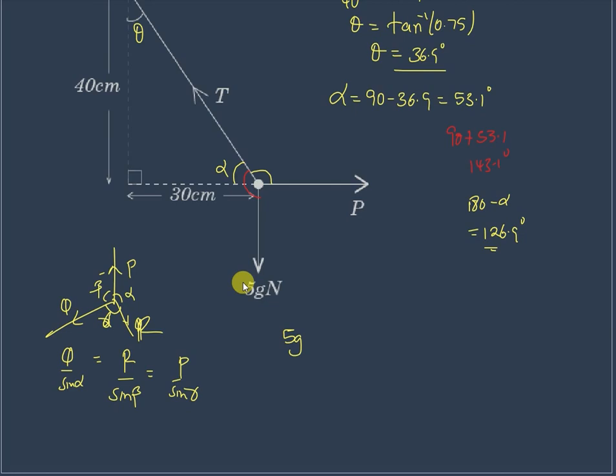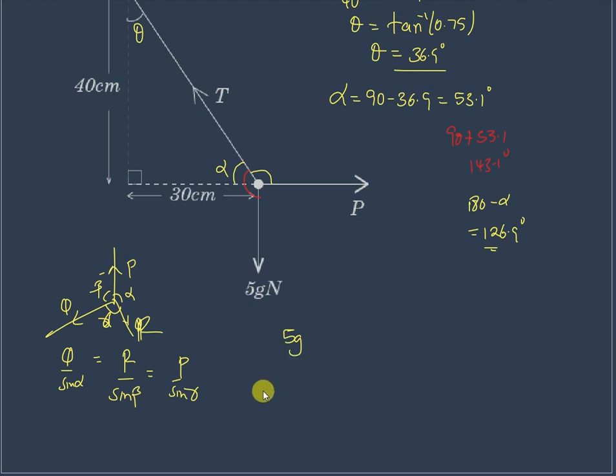We normally use 9.8 in mathematics, but in physics we use, I think, 9.81, because in physics accuracy is more important than brevity.